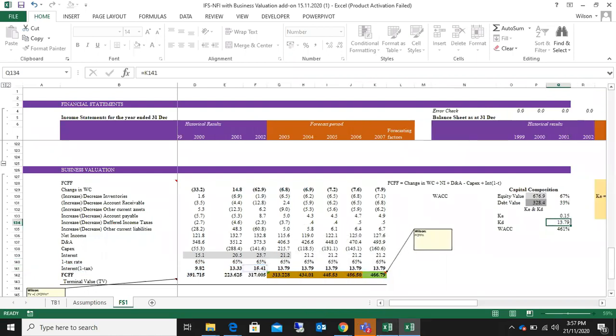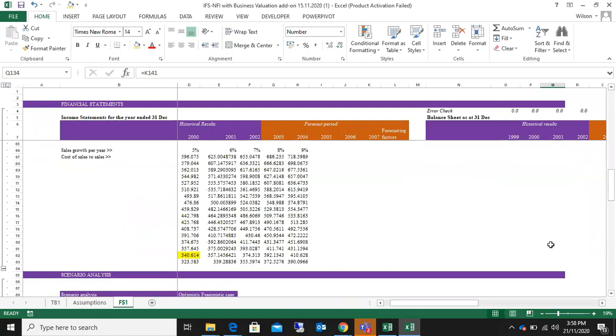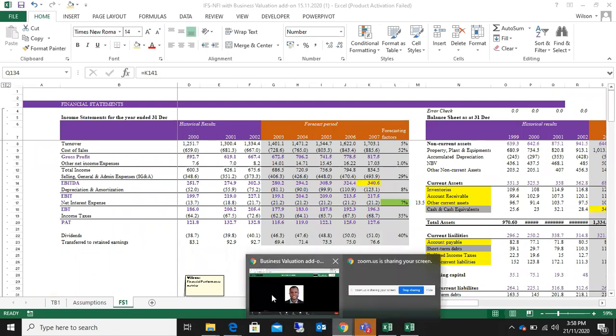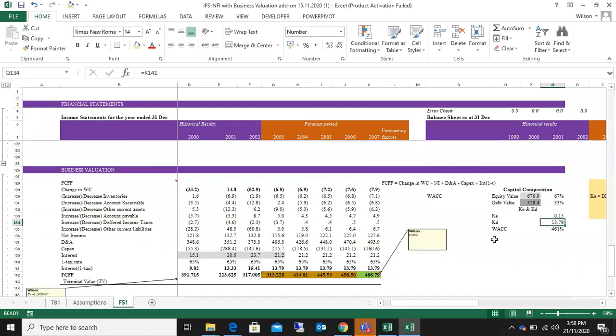Sincere apologies for this. I know where the issue is coming from. This should actually be the interest rate and not the interest. Please, apologies for that. So it should be the interest rate and not the interest.